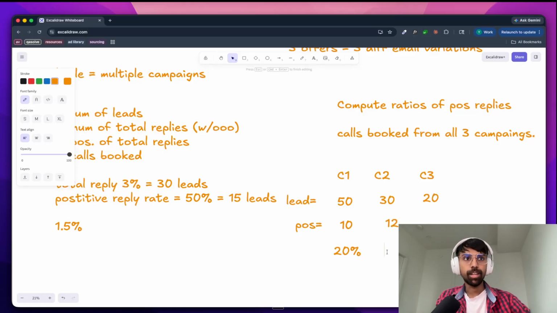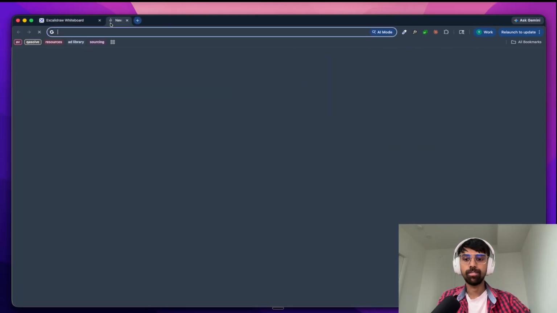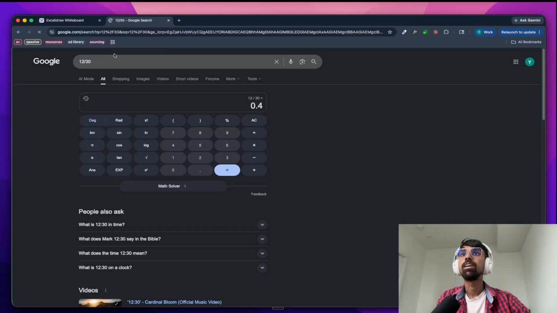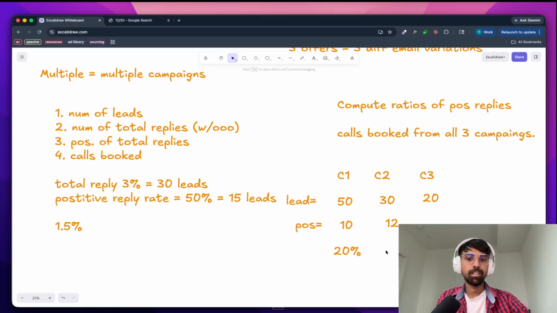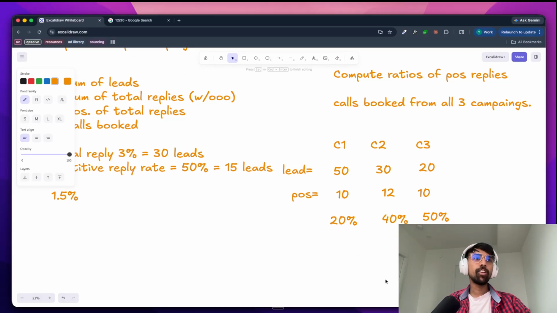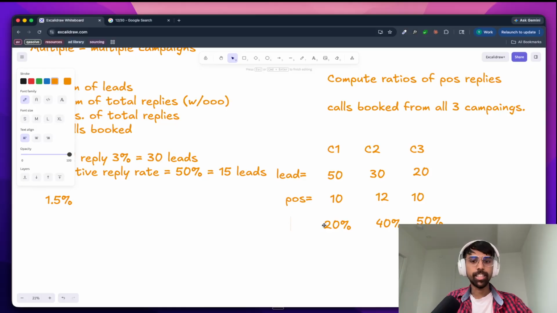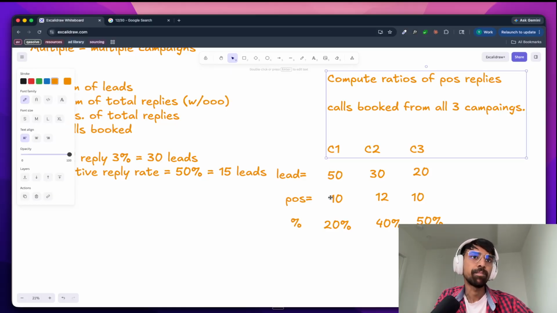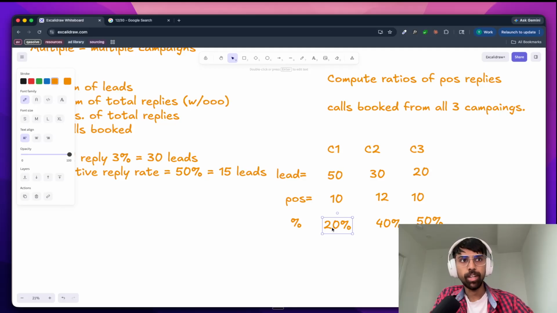How much is 12 out of 30? That's 40%, so this is way bigger. And in this case, it's also 10 out of 20, which is 50%. So if you look at the positive replies, the positive reply percent in C1 is 20%, and in C3 it's 50%.